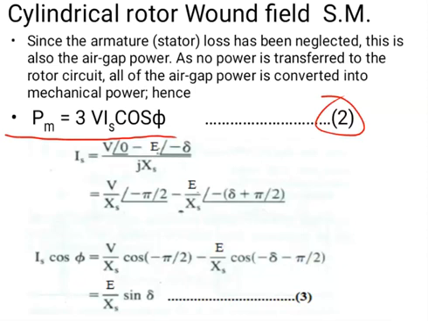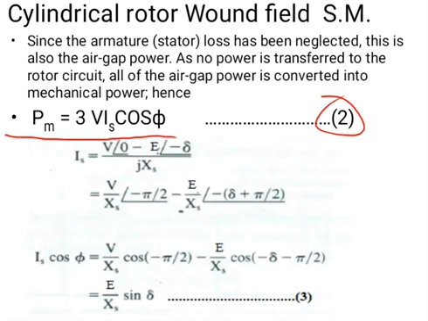According to the equivalent circuit, we find the value of Is. So Is equals V angle 0 minus E angle minus delta divided by j Xs.